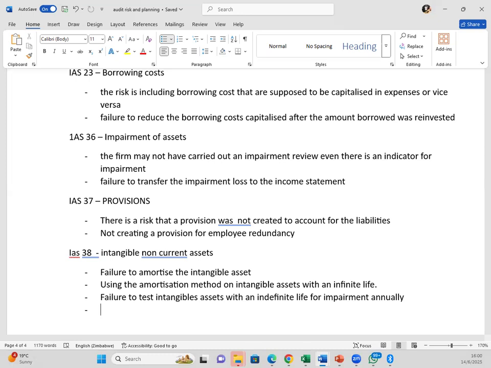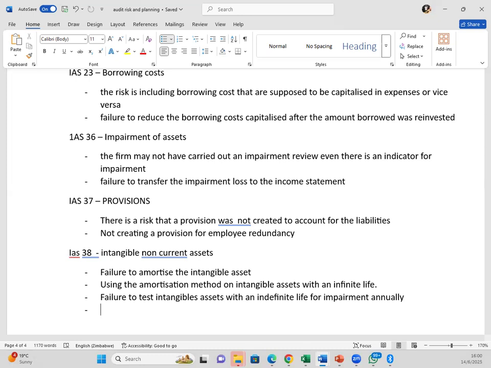Okay, let's proceed. IAS 38 is a standard that tells us how we account for intangible non-current assets. You're an auditor, you are given the financial statements of the company, and they're telling you that this company obtained a license to use, but it doesn't know for how long it will benefit from this license.